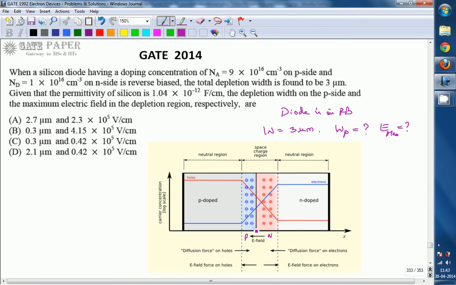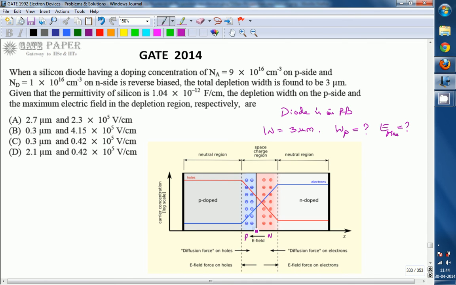Remember that the positive and negative ions are created whenever recombination of electron and hole takes place. One recombination creates one positive ion on N side and one negative ion on P side. So the number of positive ions on N side is equal to the number of negative ions on P side.